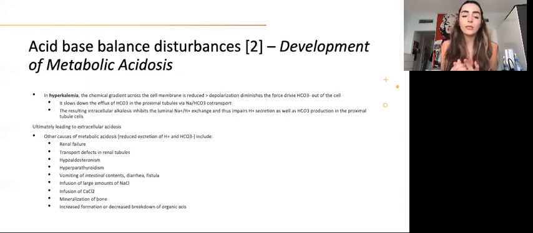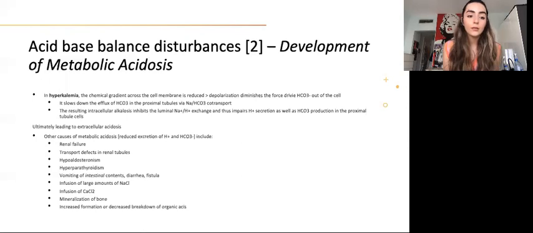And then the resulting intracellular alkalosis inhibits the luminal sodium-hydrogen exchange and impairs hydrogen secretion as well as bicarbonate production in the proximal tubule cells, leading to acidosis. So it's the complete opposite of what we just mentioned for alkalosis.